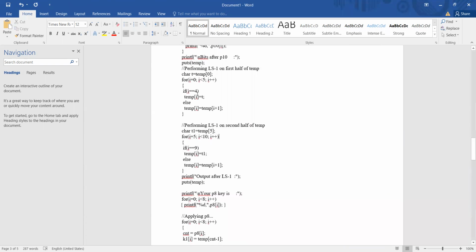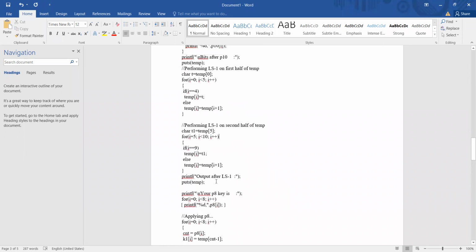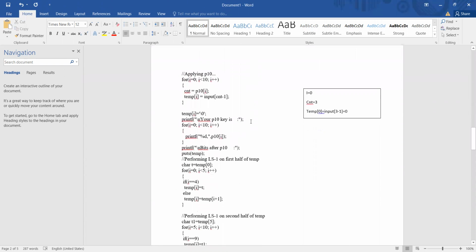Whenever we reach the end of the first part, we store the last part with the first part that we have previously stored. The same is done with this also. And the output after ls1 is this. We are generating this.